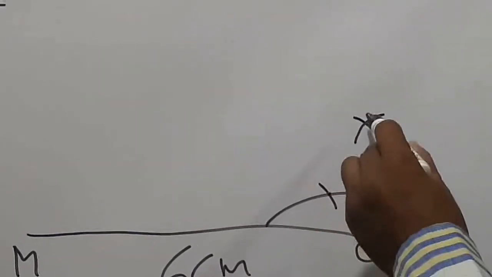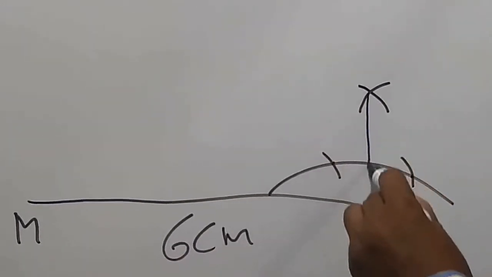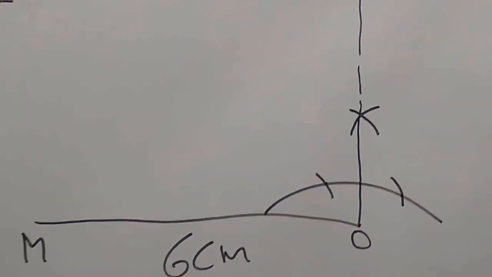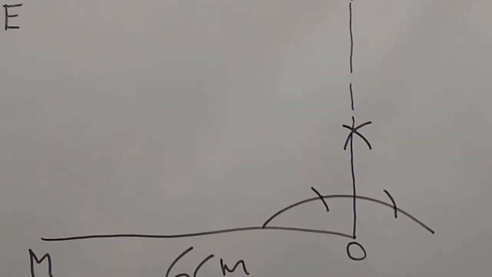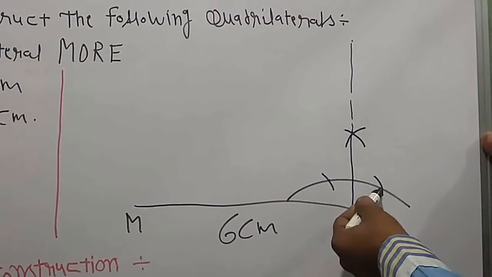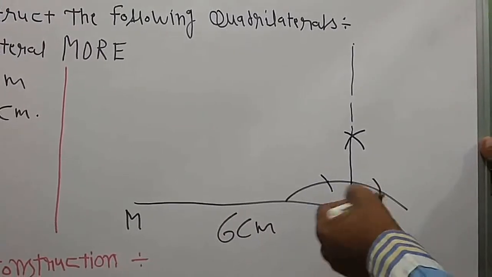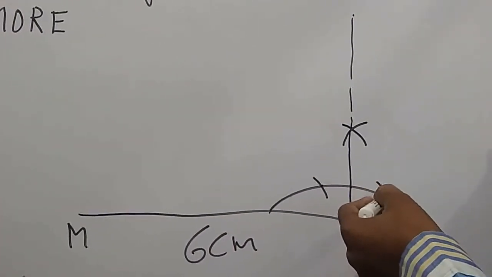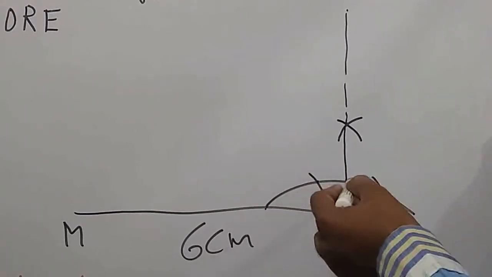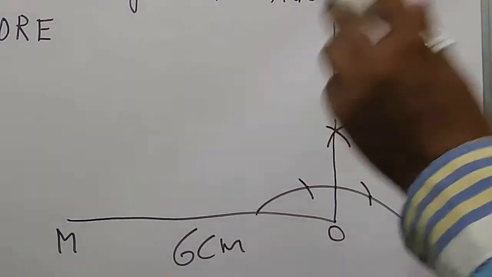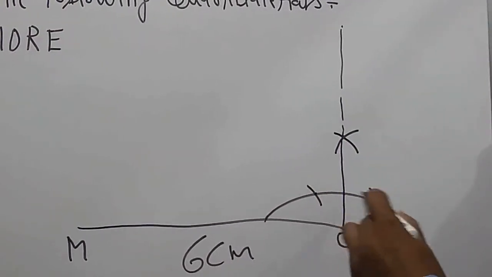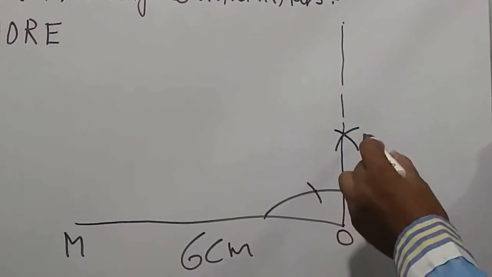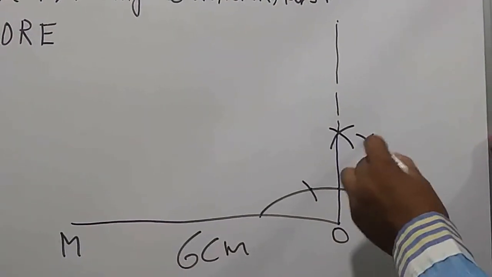This gives you the angle of 90 degree. Point to this is 30 degree, because from this point to this 60 and from this point to this 60, and half of 60 is 30. Now we are going to draw the half of this distance, one arc from this point and one arc from this point.